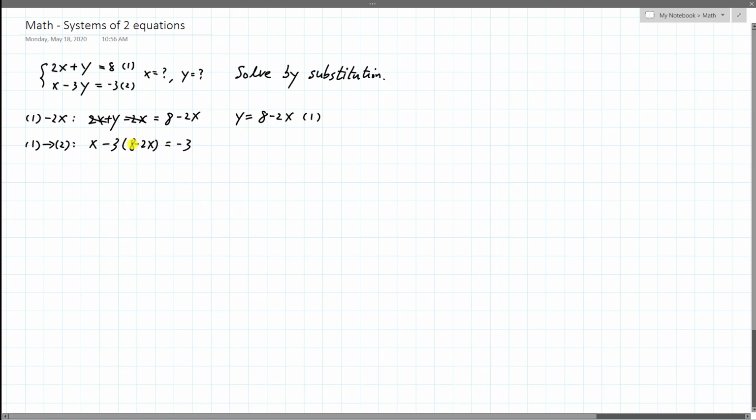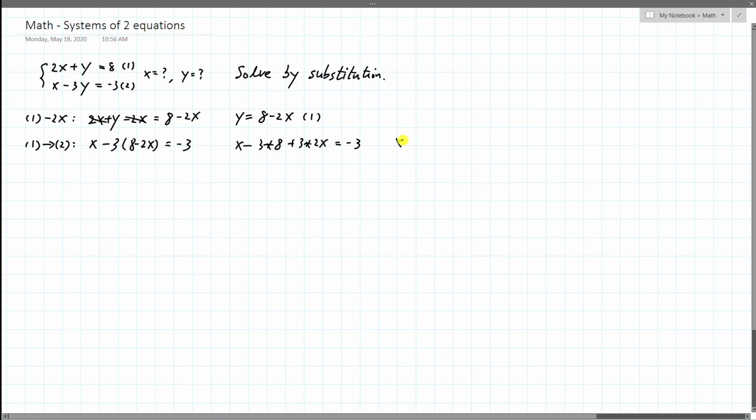And I'll distribute the 3, so x minus 3 times 8, and the minus times minus is plus, 3 times 2x, is equal to minus 3. So let's keep going to the right because my electronic paper is wider than it is long.